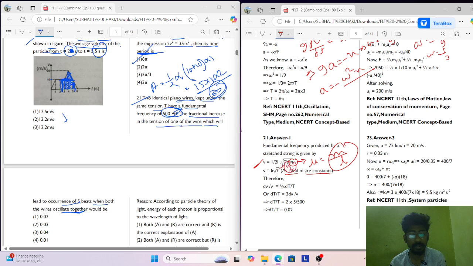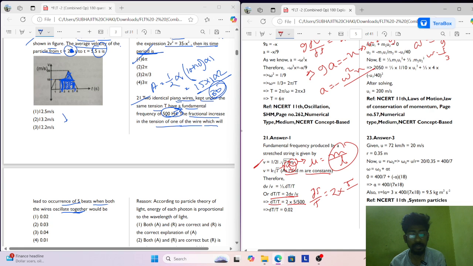So from this you can calculate dT by T, that is the change when they oscillate together. So 2 into dv for 5 beats, so dv will be 5 divided by 500, that is 0.02, and that 0.02 is when they oscillate together.